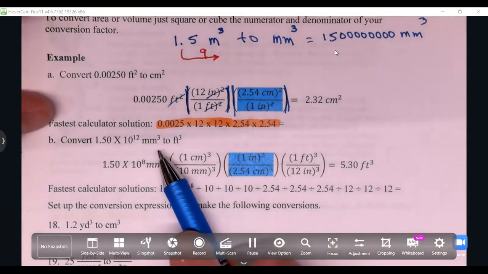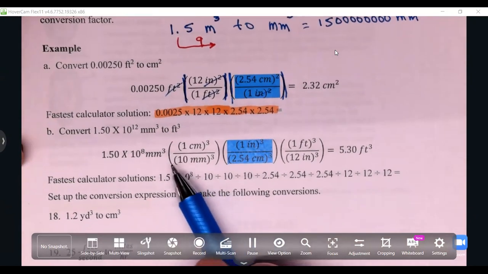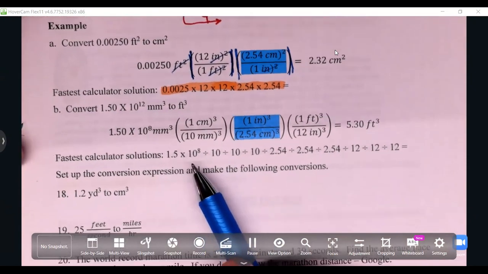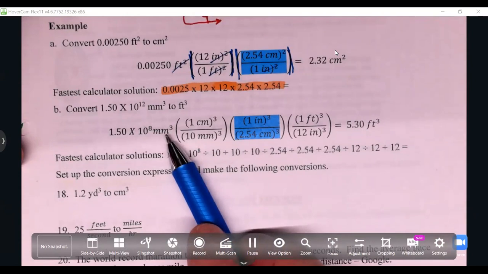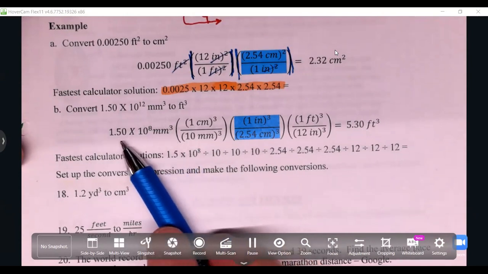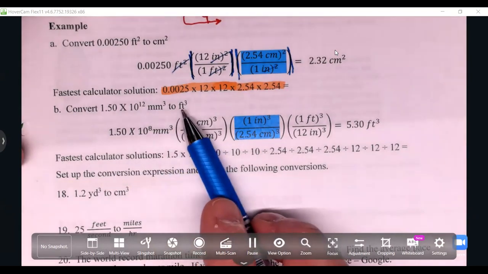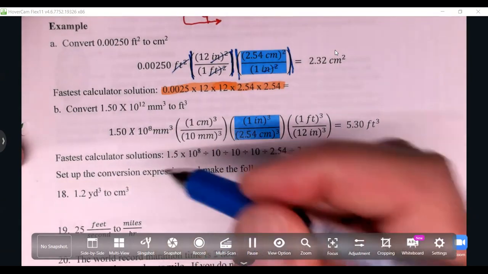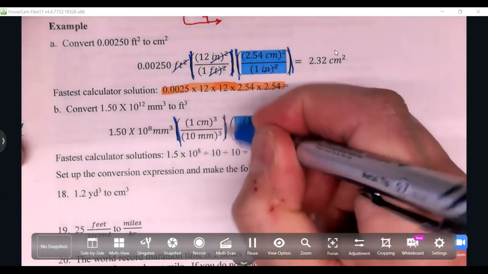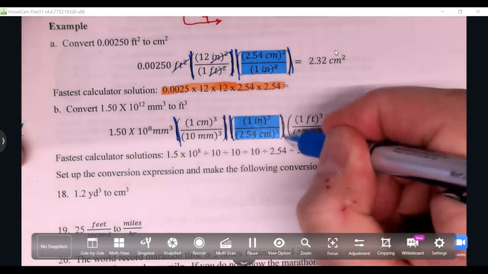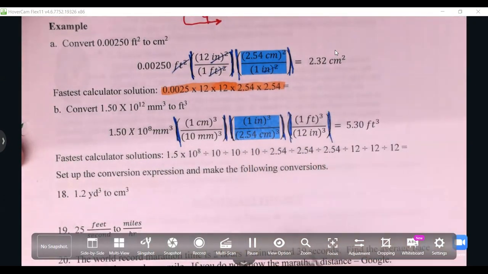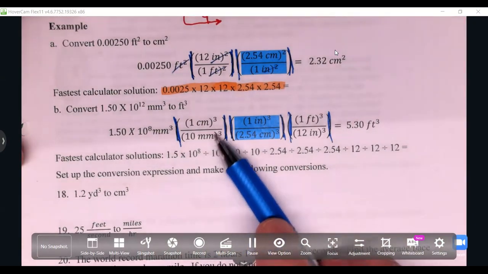If I have cubic units, I'm going to do the mathematical operation 3 times. So I have 1.50 times 10 to the 8th cubic millimeters. I'm going to cubic feet. 10 millimeters in 1 centimeter.